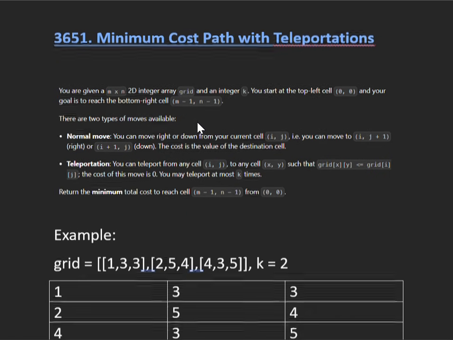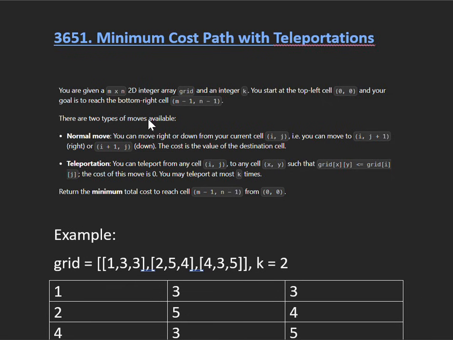So in this question we are given an m cross n 2D integer array and an integer k. What we have to do is start from the top left cell 0 comma 0, and our goal is to reach the bottom right cell m minus 1 comma n minus 1. There are two types of moves allowed.